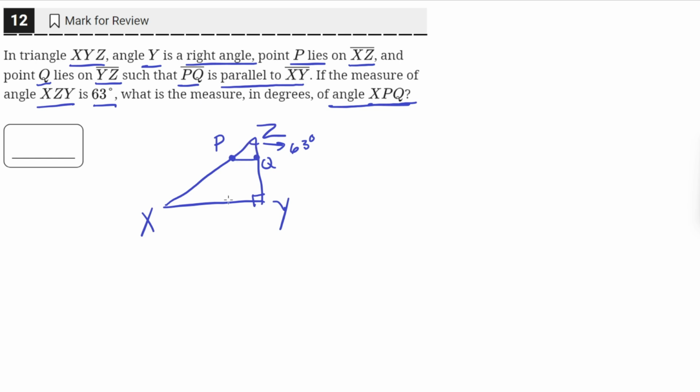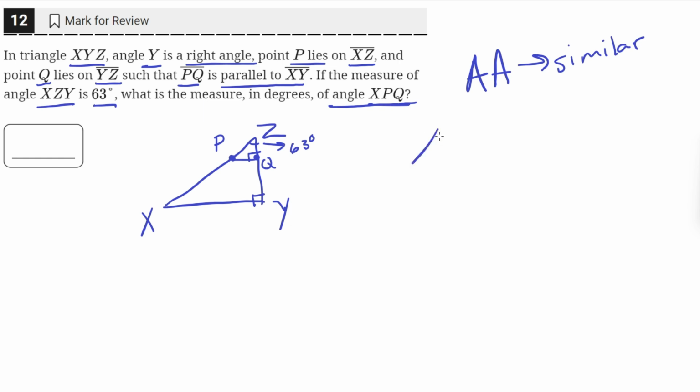Because we know that this line is parallel to this one here, we know that this angle here is also a right angle, and that this angle is obviously shared by both the triangles. Z is the angle for both the small and the large triangle. So by the angle-angle theorem, we know that these two triangles are similar. And what that means is all of the angles are the same.